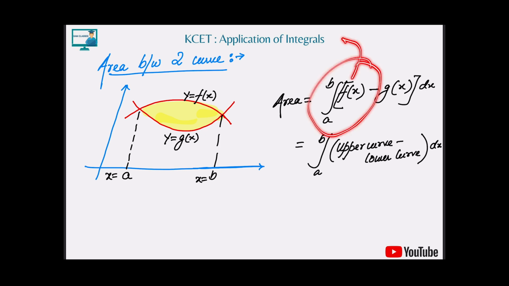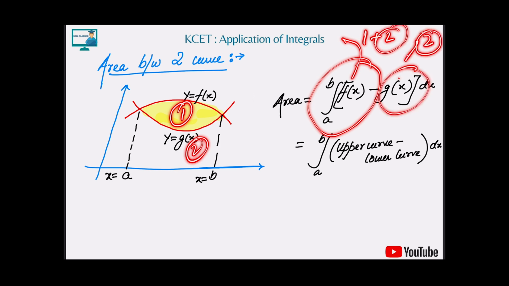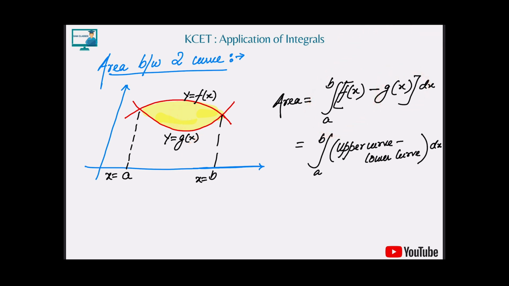This one gives me 1 and 2, let's name it that way, and this one is just giving me 2. So if I subtract, the 2 will cancel and I'll get the area 1. So that's why the area is equal to the integral from a to b of f(x) dx minus g(x) dx, that is, the upper curve minus the lower curve.